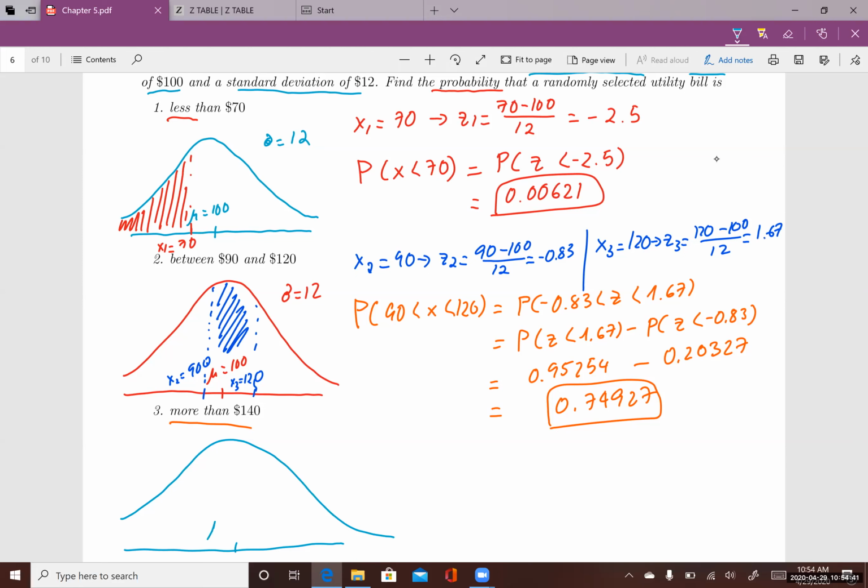Again, you still have mu is 100, sigma is 12, but now your new value is 140. And you want to find the probability to the right of this value. And again, we have the new value, then we can find the new z.